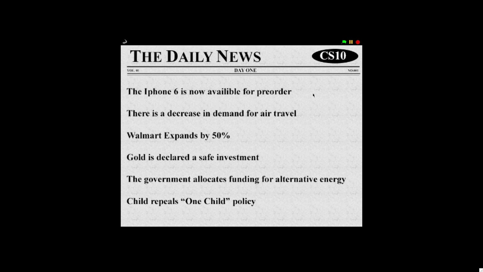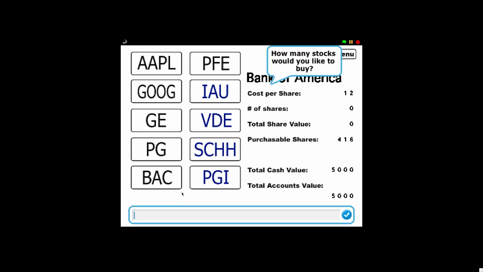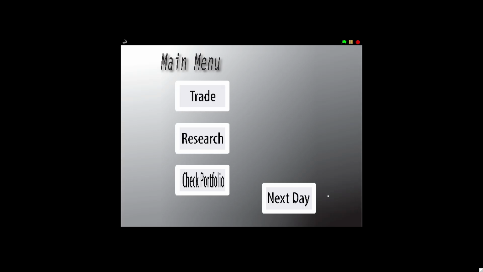We'll invest in Bank of America and just go through the 5 days and see what happens. Okay, so let's go to Bank of America. Since we know they, at the end, fail now, let's just buy 10. Okay, main menu. So we're gonna go next day. News.